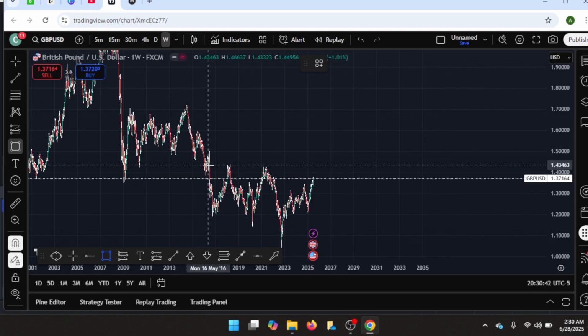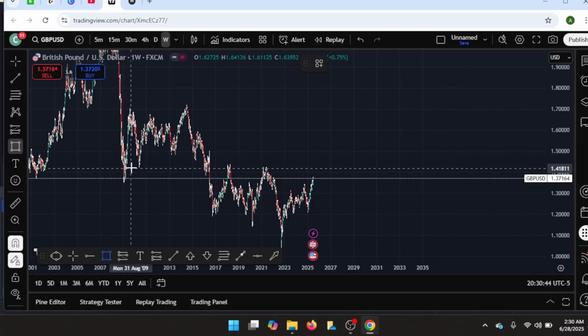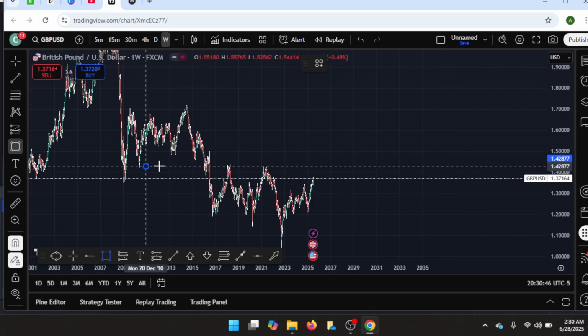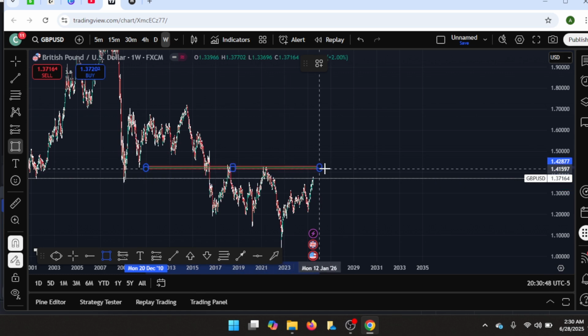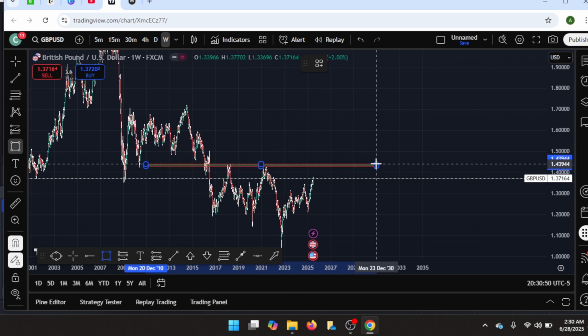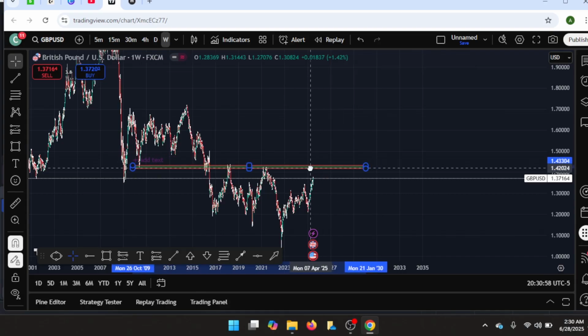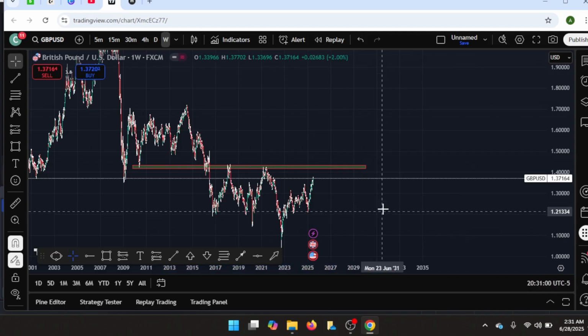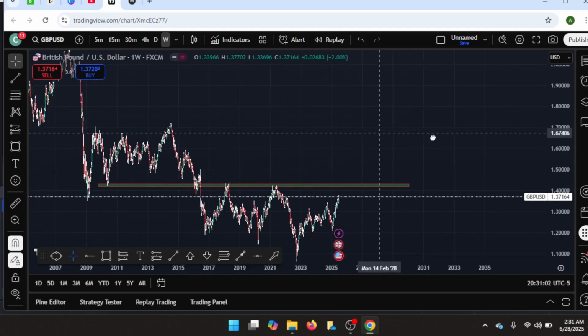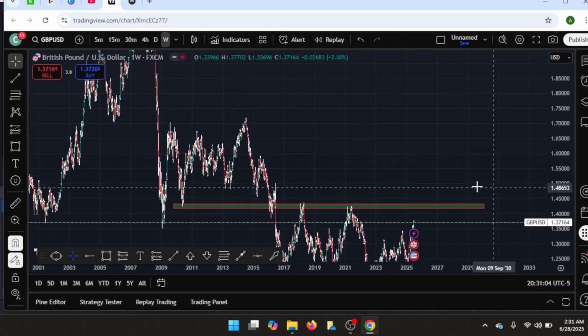All right. We are going to mark the immediate zones. I can see this. Look at this. Can you see that? We are in the weekly time frame. Can you see?